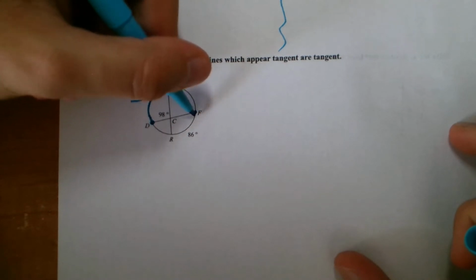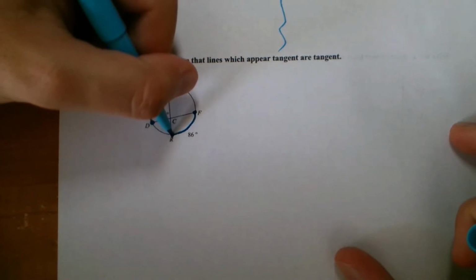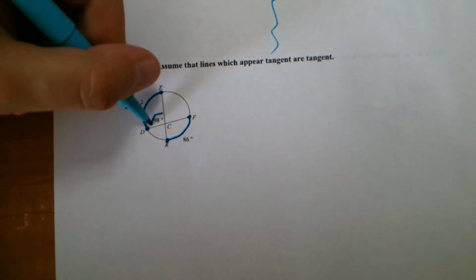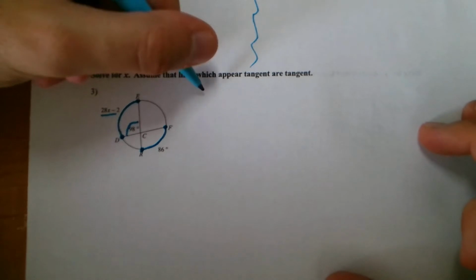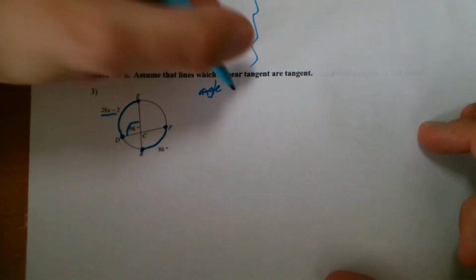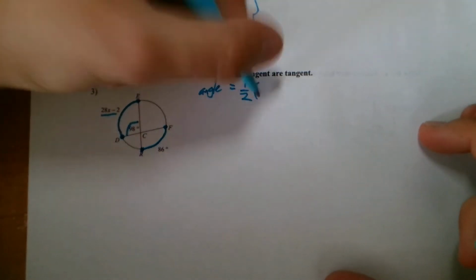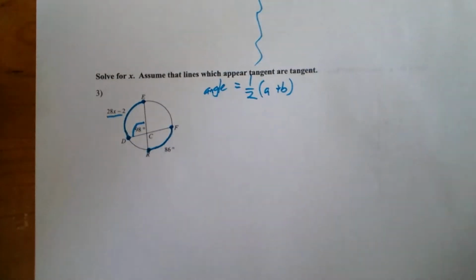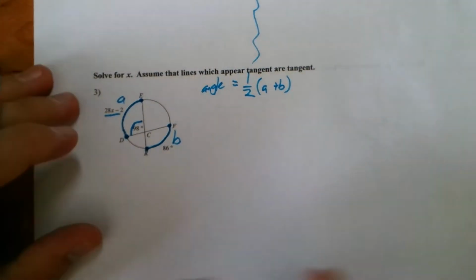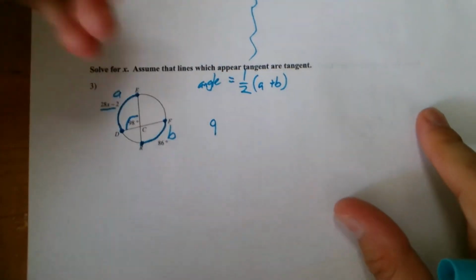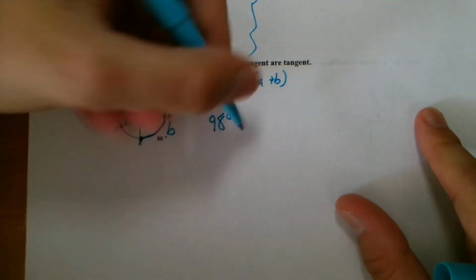I have another arc over here, FR, that has a measure of 86 degrees. And then I have my angle over here, which is 98 degrees. Now, I know that the angle is going to be equal to 1/2 of a plus b. So I'm going to go ahead and label this arc A, this arc B. My angle is 98 degrees.